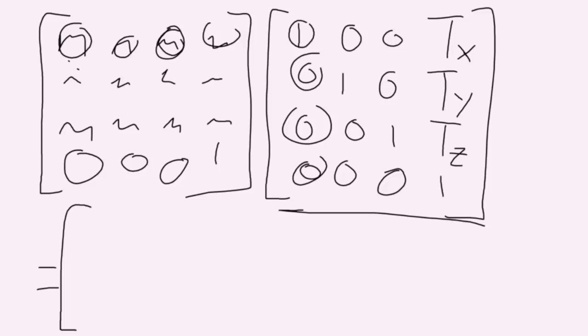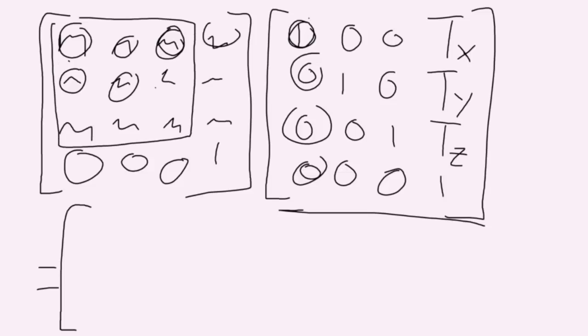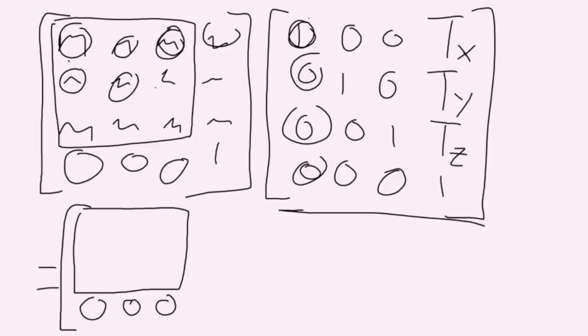Go to the next one: this times 1, this times 0, this times 0, this times 0. If we go through this, we'll see that this entire part is simply going to be unchanged, the first 3 by 3 matrix. It's still going to be an affine transformation, so we're going to end up with the bottom line unchanged. So we only really need to put new values into 3 places in the matrix, and those are these 3 places. You can look at it as well.